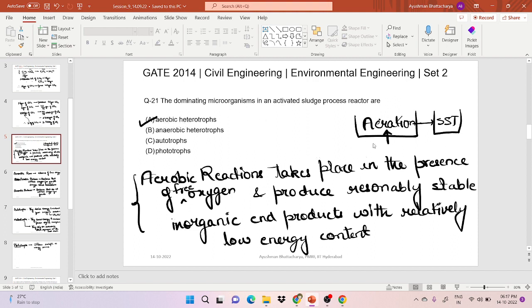And it is heterotrophic because the microorganisms present are responsible for organic matter removal. Organic matter is removed by the heterotrophs, and it will be aerobic because aeration happens in the activated sludge process.